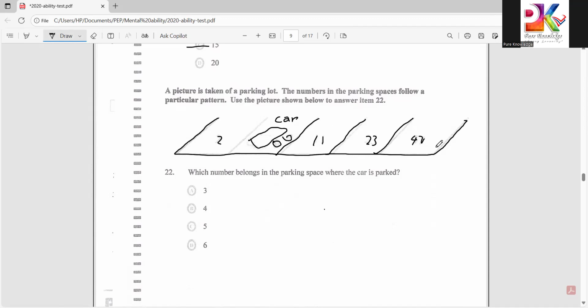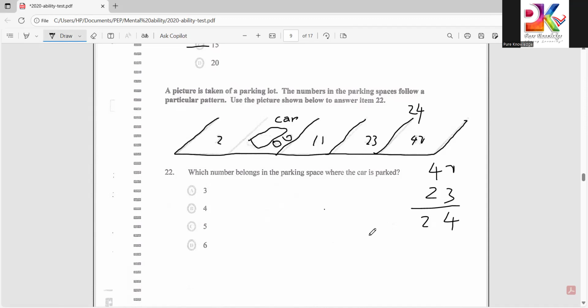All right, so we're going to look at the difference between them and let's see what we have here. What's the difference between 47 and 23? We can just put that here. Now we can work it out. So that's 4, 3 from 7, 4, that's 24. This is 24. Then we say 11 from 23 would be, and we can work it the same way.